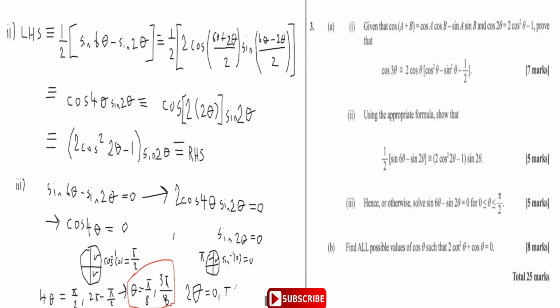So when we divide through by 2, this is telling us then that theta is actually 0 over 2, which is 0, or theta is equal to pi divided by 2, which is pi by 2. So that's the solution. Nice and easy.